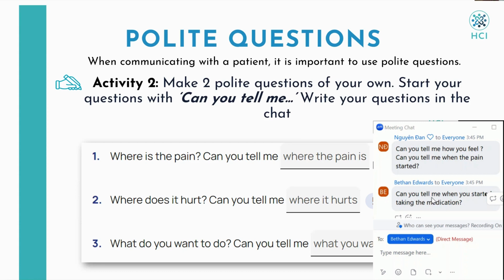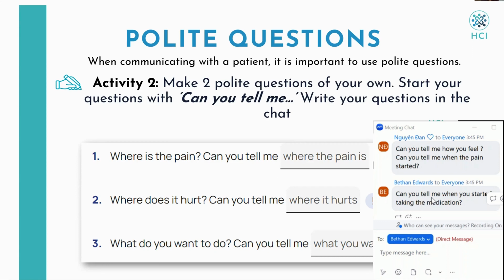So in our example, we saw started, if you remember. Can you tell me when you started taking the medication? So remember to use the past if your question is about the past.